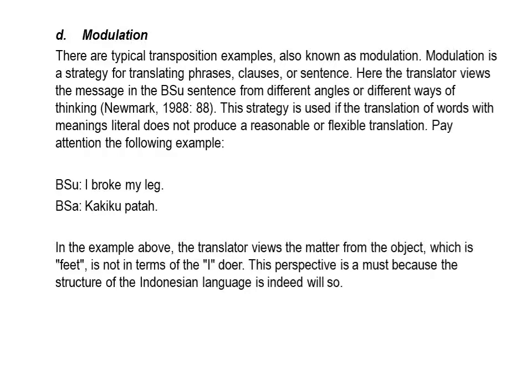Pay attention to the following example. I broke my leg. Kakiku patah. In the example above, the translator views the matter from the object, which is the foot, not in terms of the subject. This perspective is a must because the structure of the Indonesian language requires it.